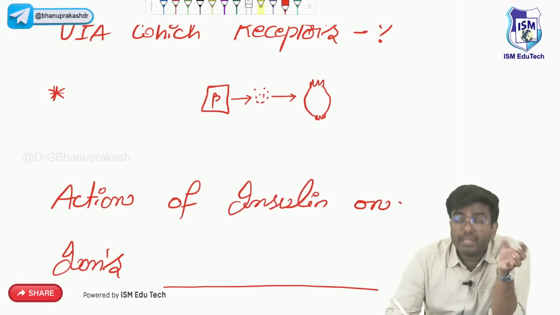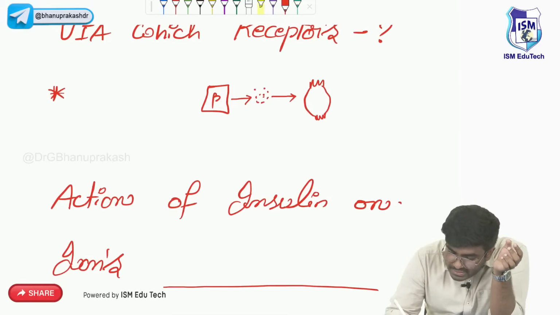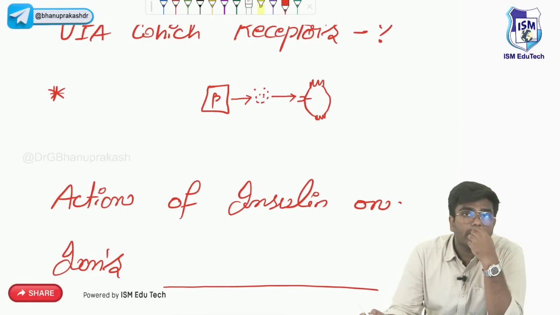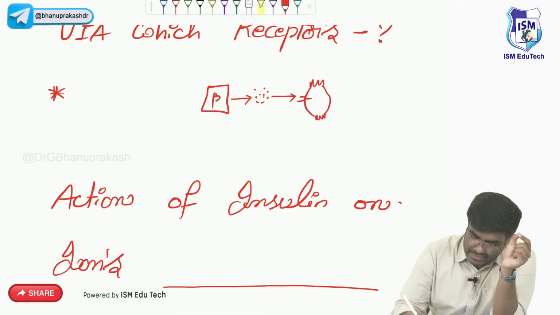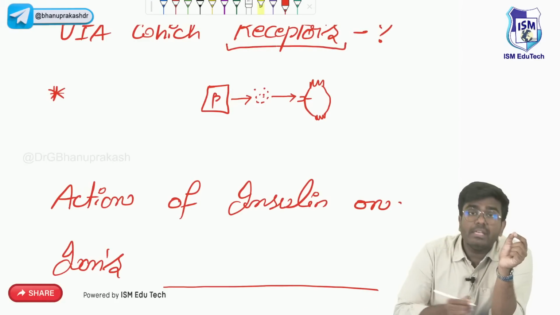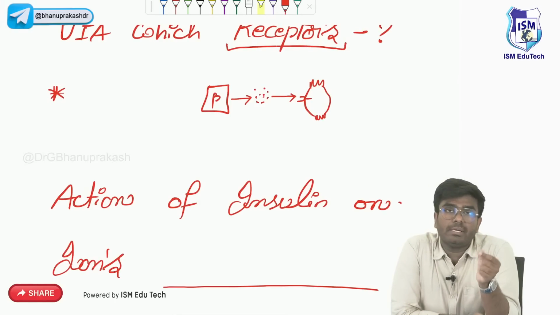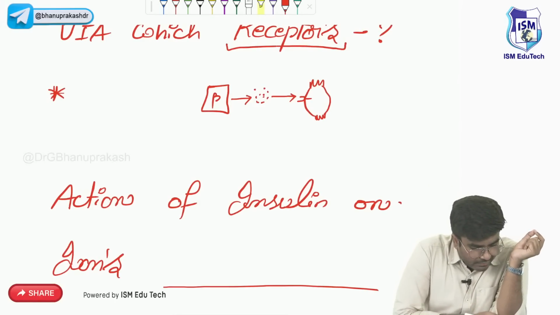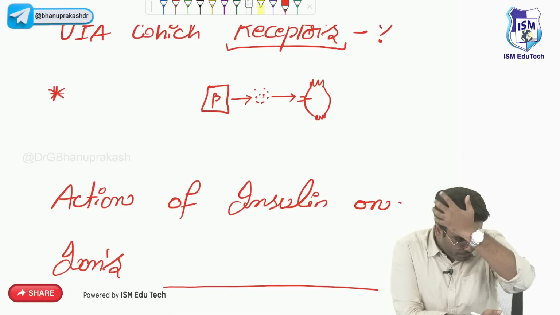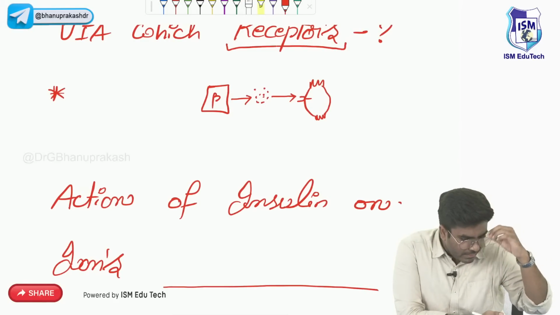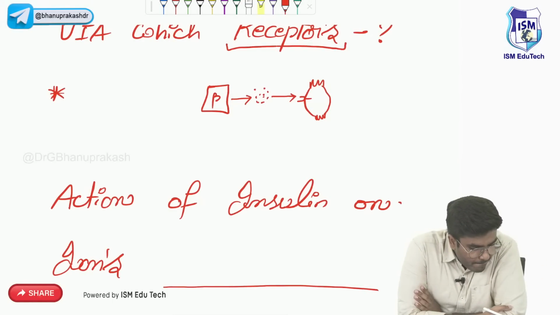In order to work, it has to act on a receptor. So what is that receptor? An important MCQ: insulin is acting via which receptor? Can you tell me? I'm asking about the receptor of insulin. Guys, you are all exam going batches.